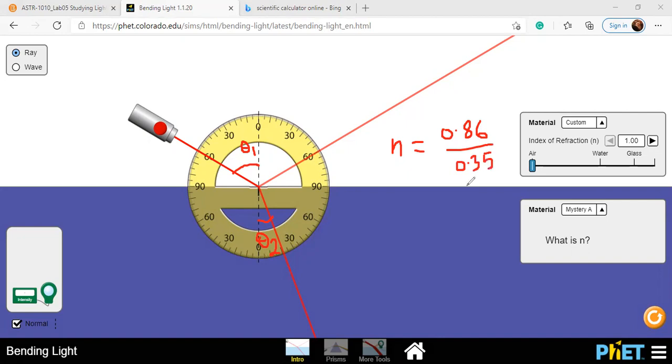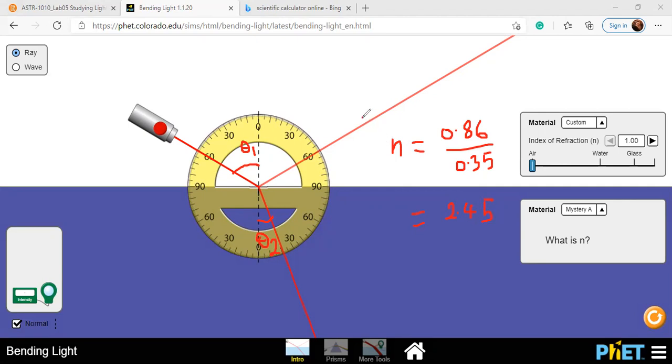Let me do the calculation and get another refractive index. So 0.86 divided by 0.35, and I'm getting 2.45, right?